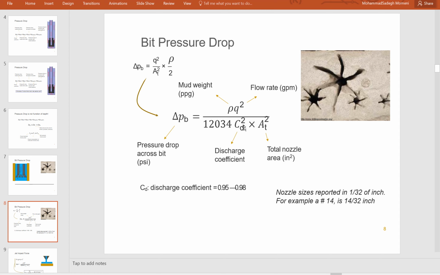In this equation I have a rho, which is the mud weight, the Q which is the flow rate, and CD, the discharge coefficient, which is unitless, and usually the value is between 0.95 to 0.98, and I have a total nozzle area, which the unit is square inch. The unit for the flow rate is GPM, and for the density is ppg. This constant that I have here is to convert units to PSI for the field unit.